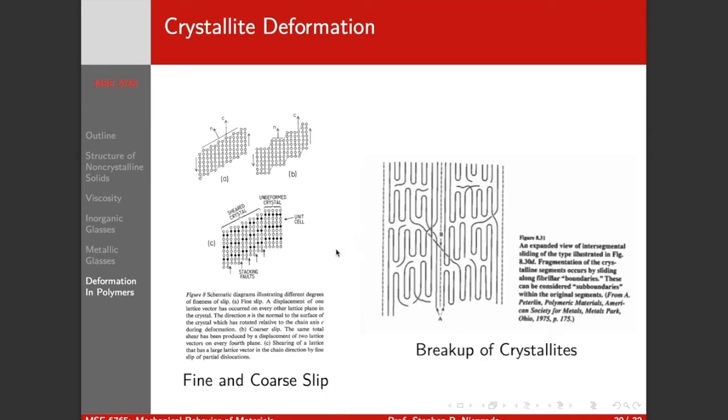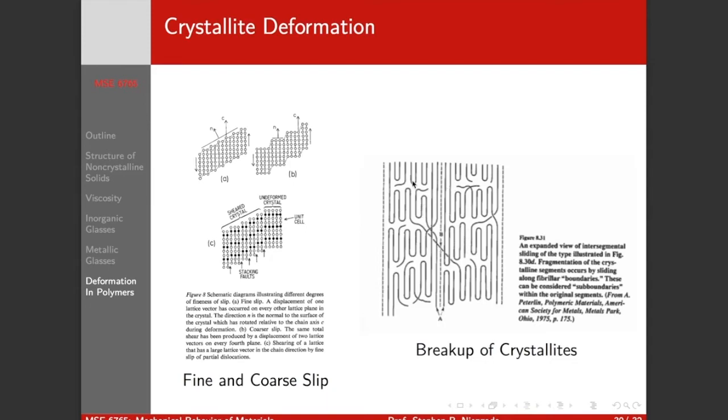Right? And we can also get, they're crystals, right? So we have defects. We can get slip in polymers, right? So we can get crystal shearing, which can give us stacking faults in our crystal.